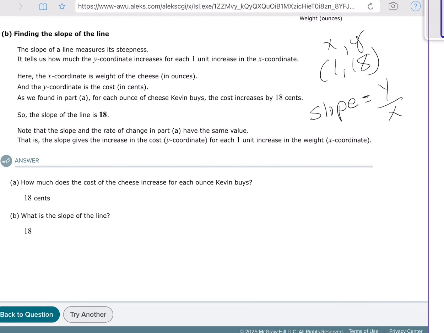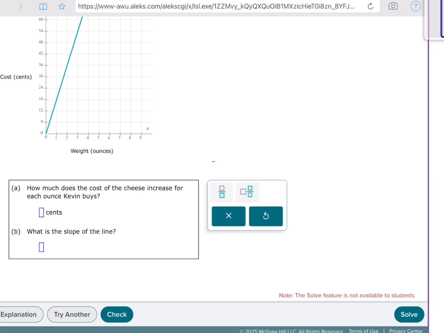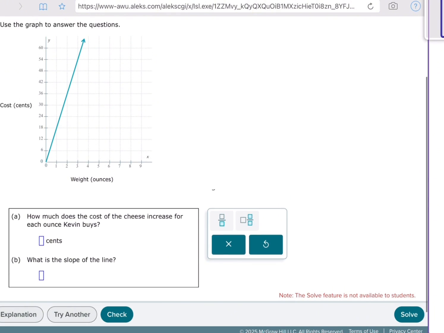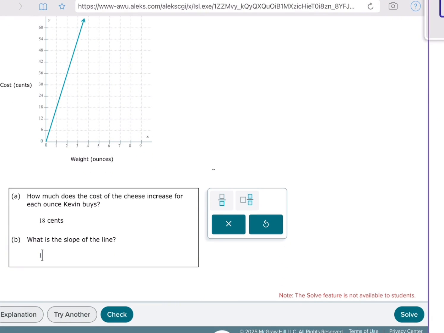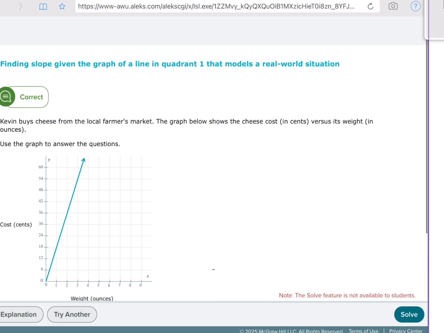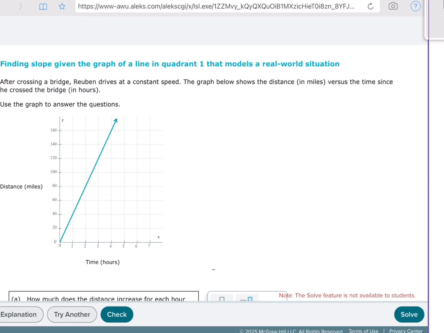So let's go back to the question. And let's try another. Okay, so if we use that same philosophy, we go over to a crosshair, put a dot, and so we go over 1 and up to 40.